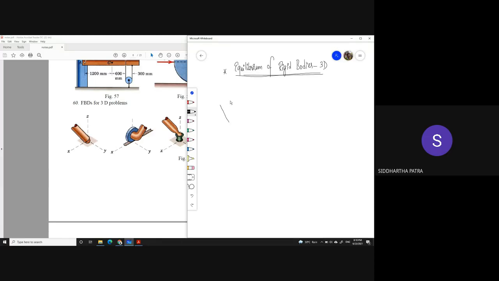Imagine some end of the rigid body is like this broken shaft over here, and this very end is basically spherical, and it has been placed on a surface which just might provide some friction.